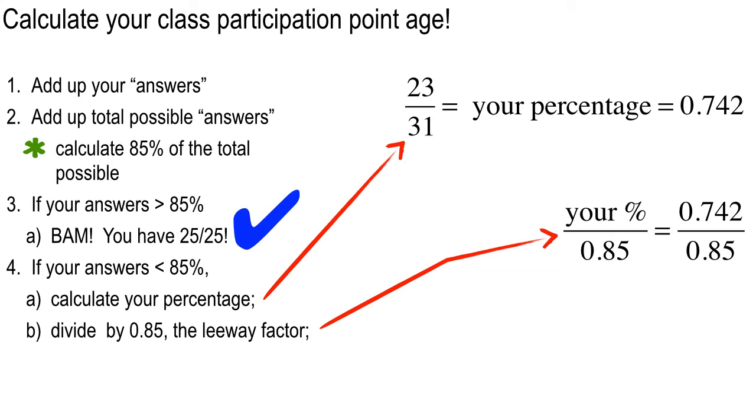But you're not done yet, because we have to convert this into some portion of 25 points. So now what you do, the third step, is you multiply the result of that division. So you calculate this number, and then before you do anything else, multiply that by 25.